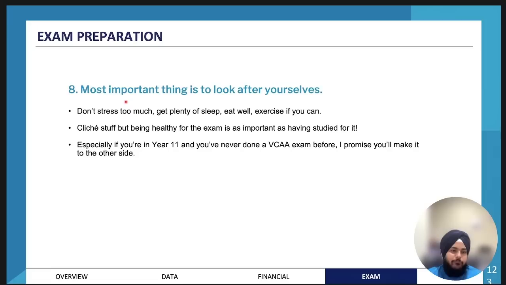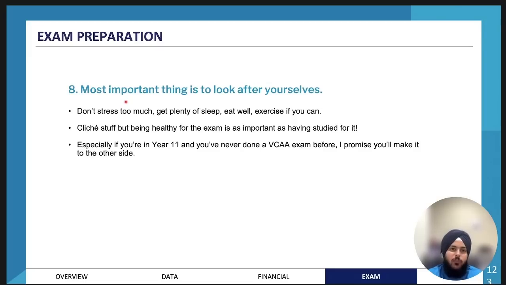And also, if you're in year 11, just make sure that you treat this like a year 12 subject.